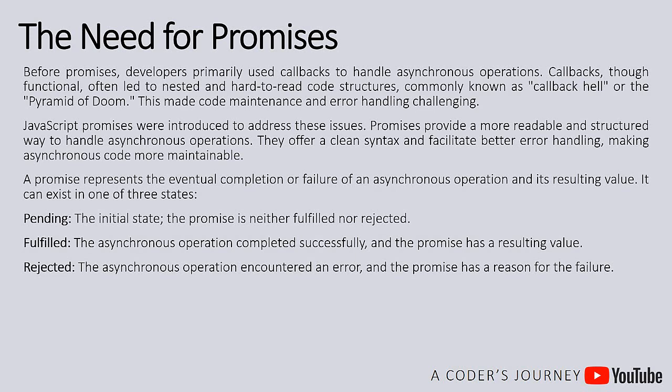If the task that the promise is trying to achieve is done successfully, the promise will go to the fulfilled state, and then we will get back a result. And if the task for whatever reason gets cancelled or encounters a problem, the promise will go to the rejected state, and then we can handle the failure.